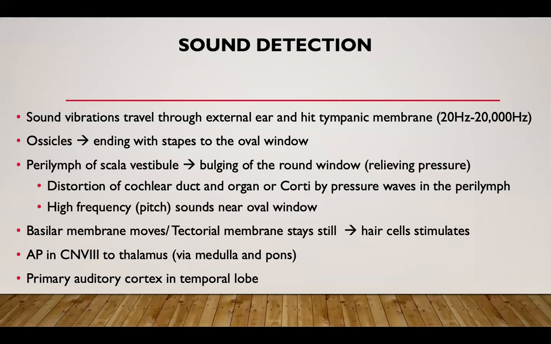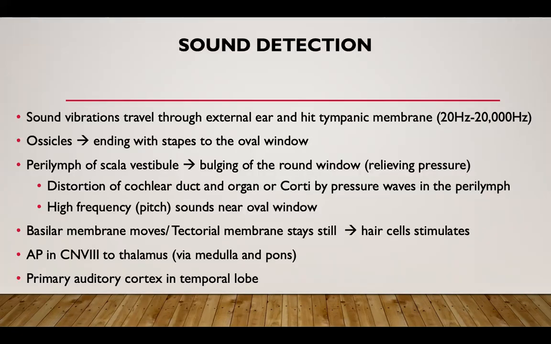Again, it's more complicated than this, but that's all I want you to know. And that signal eventually ends in your primary auditory cortex, which is located in your temporal lobe. That is basically where you can hear the sounds.